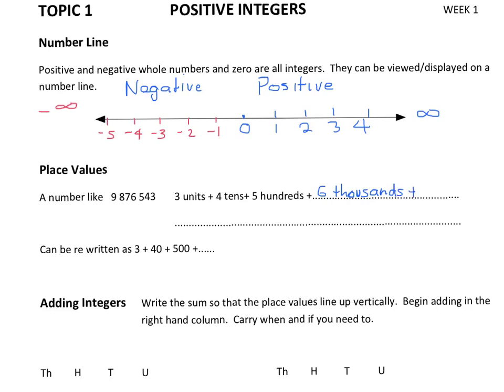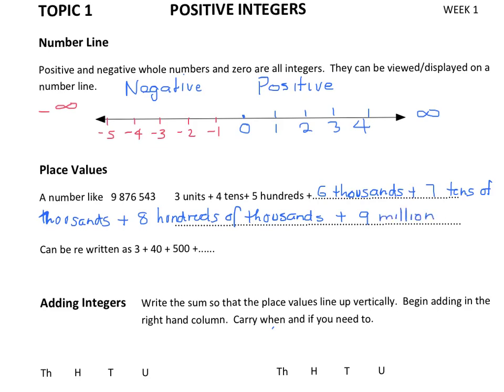And then we've got 7, and that's 7 tens of thousands. And the 8 is hundreds of thousands. And of course the 9 is a million.